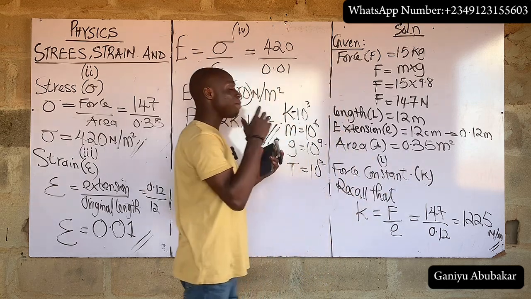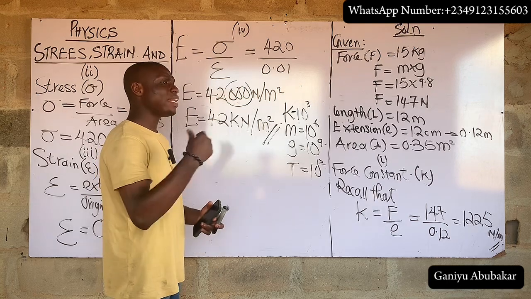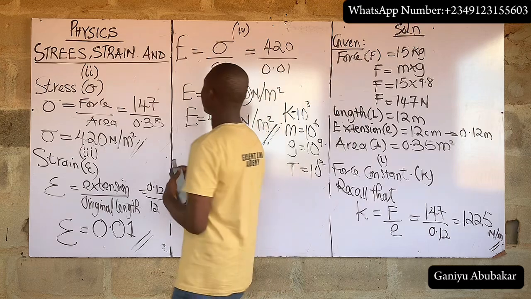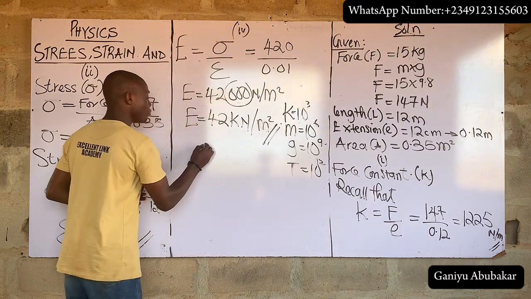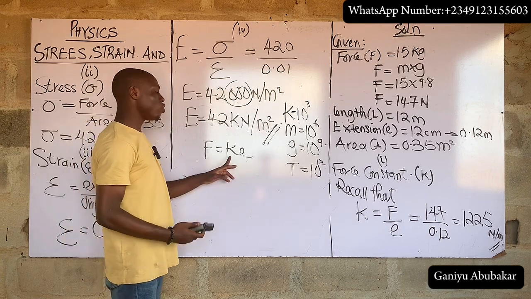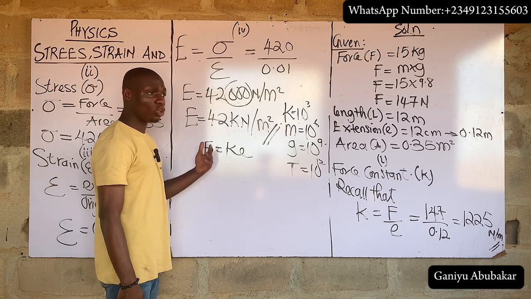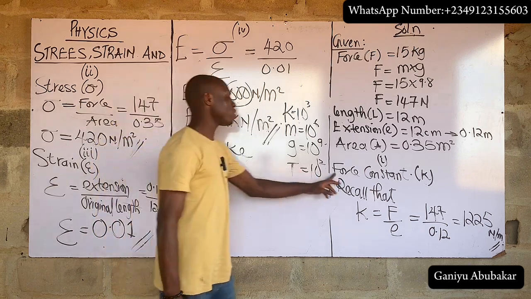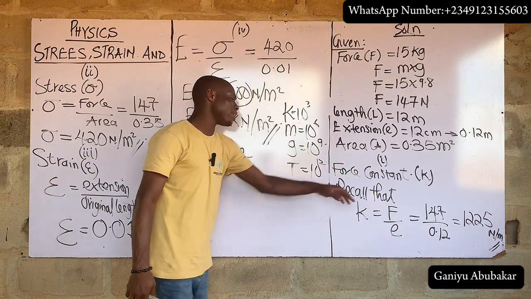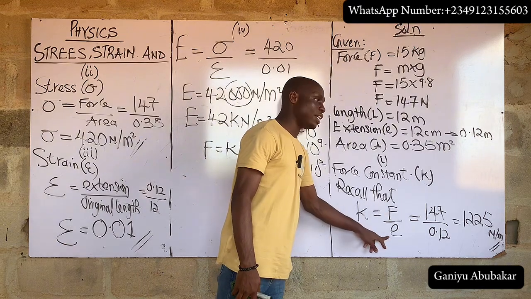My very first question says find the force constant. And last class when we discussed the concept of Hooke's law, we said Hooke's law gives us the idea that force is K times E. And I emphasize this K is the spring constant or force constant. So I'm looking for the force constant, that's K. Mathematically, if I make K the subject, K will be equal to F over E. What's F?